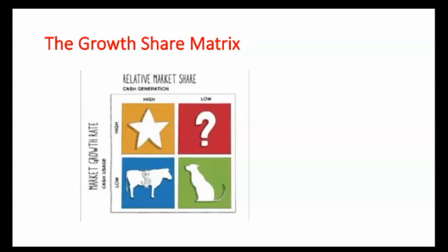Look into the diagram. The stars operate in high growth industries and maintain high market share. Stars are both cash generators and cash users. They are the primary units in which the company should invest its money, because stars are expected to become cash cows and generate positive cash flows. Yet not all stars become cash cows.